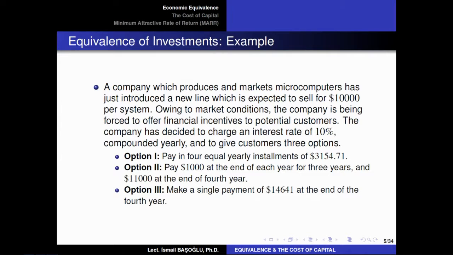And under this 10% interest rate, the debt will compound. Okay, so there are three options of payment, of course.